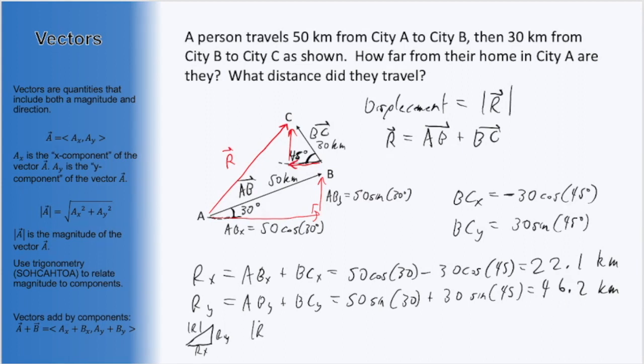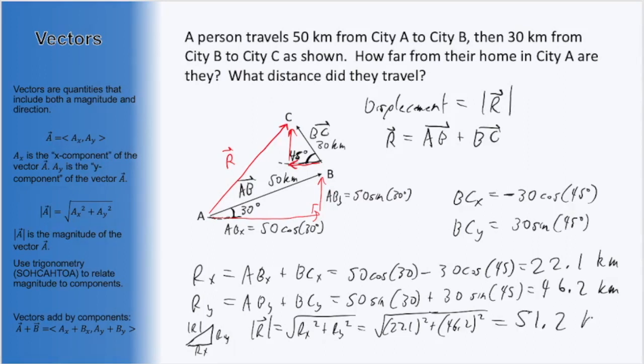So the magnitude of our resultant vector will be equal to the square root of Rx squared plus Ry squared, which means plugging in 22.1 kilometers squared plus 46.2 kilometers squared. Add those and take the square root. After doing this calculation, we end up getting that the magnitude of our r vector, which is the displacement, is 51.2 kilometers.